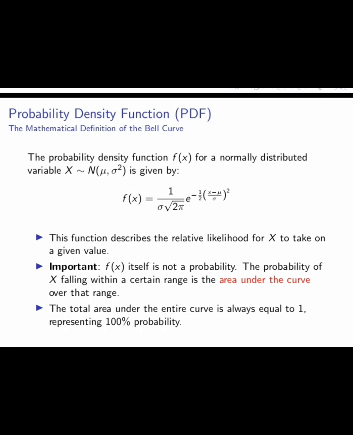That is what we call the PDF of the normal distribution. You can be asked to recognize which of the distributions is normal, so you must know that formula and recognize it. The function describes the relative likelihood for x to take on a given value. Are you getting me?